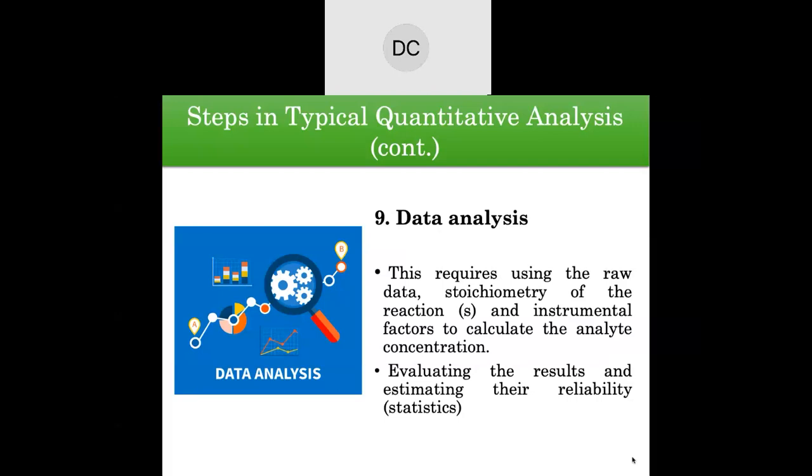It requires using the raw data, and you need to analyze the raw data stoichiometrically of the reaction or instrumental factor to calculate the analyzed concentration. And you need to evaluate the results and estimate their reliability. Okay, kalau kita nak tahu dia reliable ke tidak, masuk pula bahagian calculation which involve the statistical analysis.